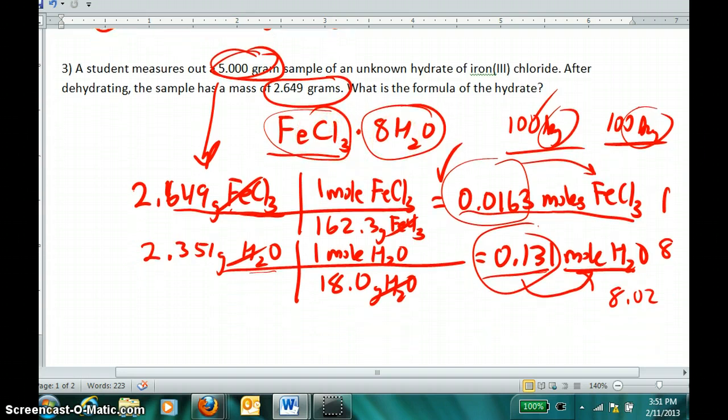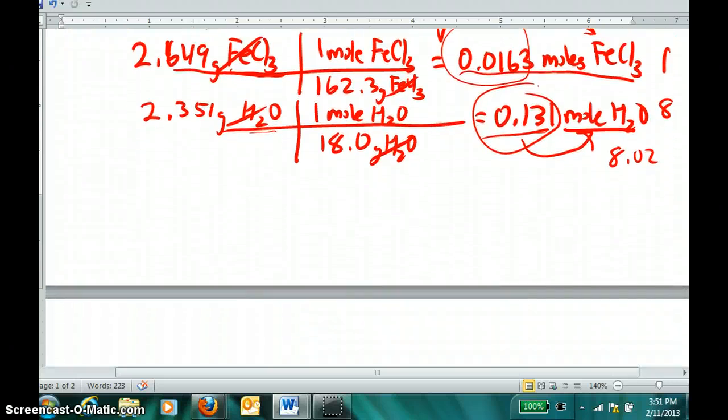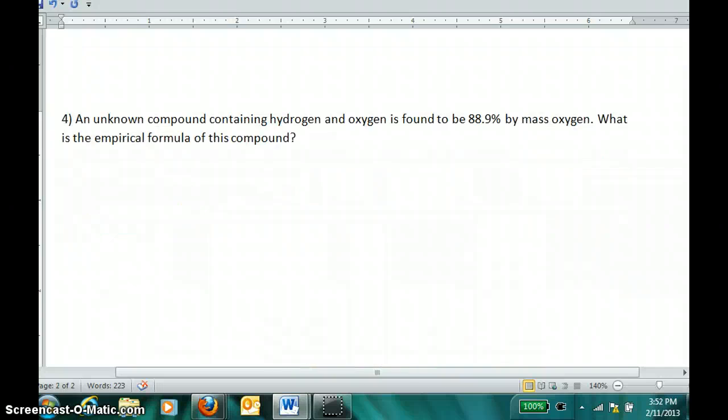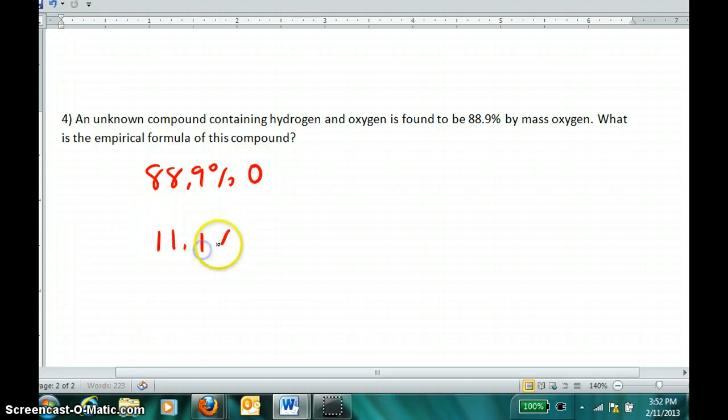As another example, we have an unknown compound that's containing oxygen and hydrogen, and we're told that it is 88.9% by mass oxygen, and we can assume therefore that the other 11.1% by mass is hydrogen.